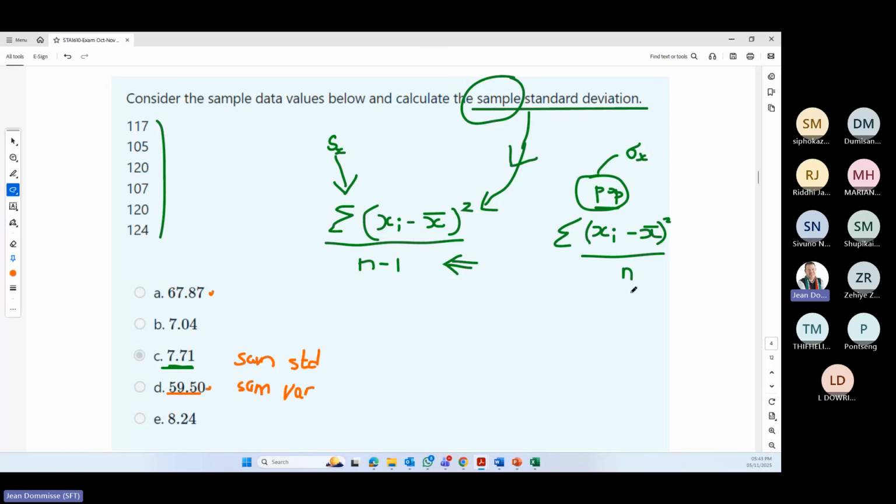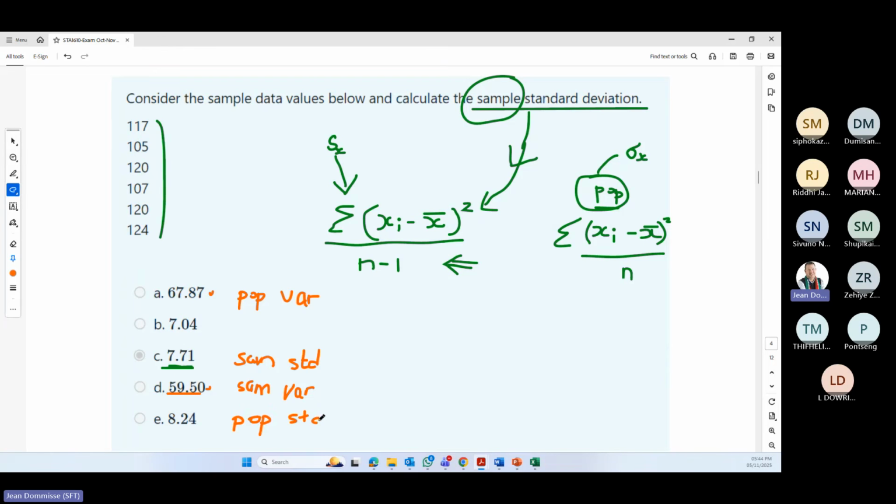Population, you just divide it by n. So my assumption would have been that this is your population variance, and this is probably your population standard deviation.